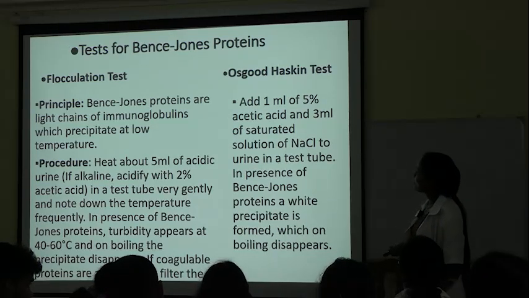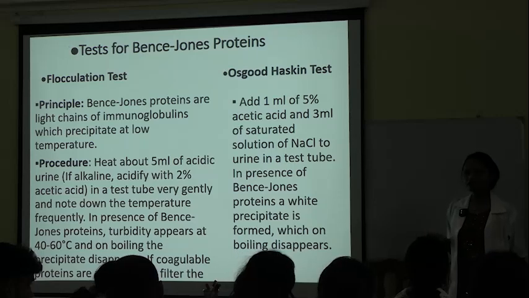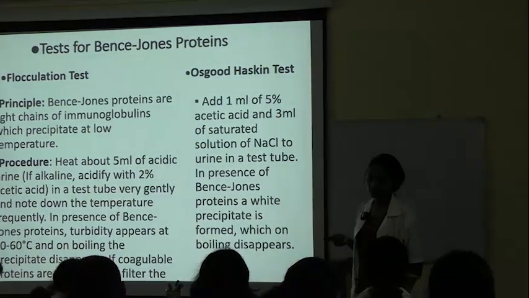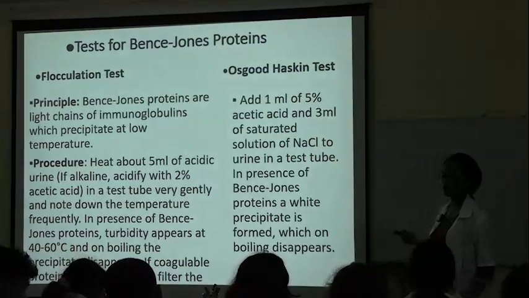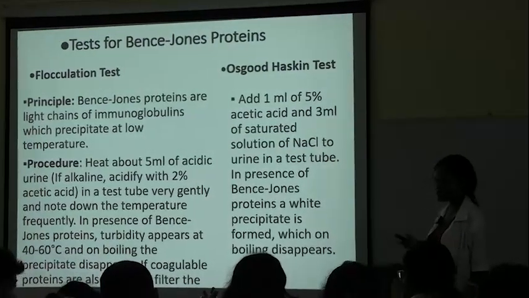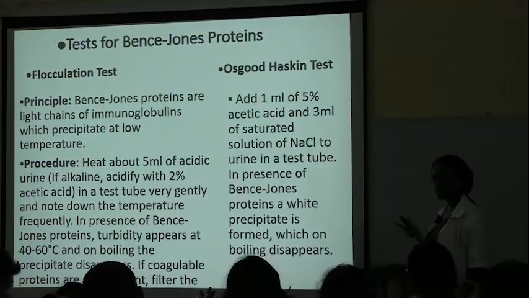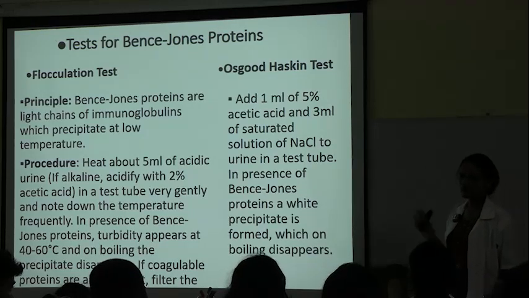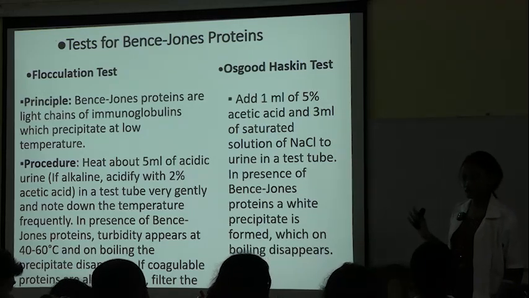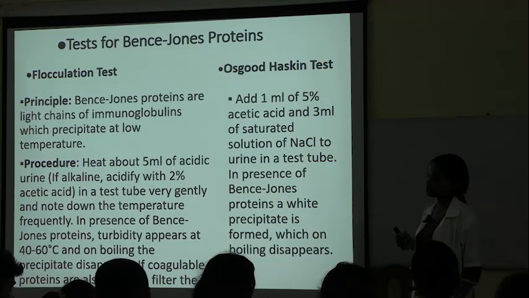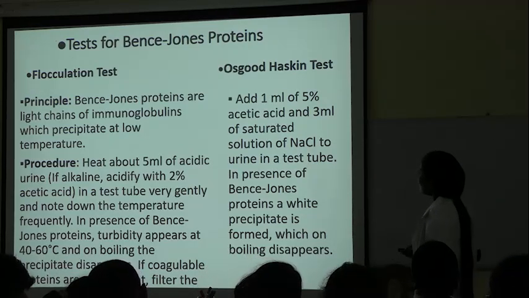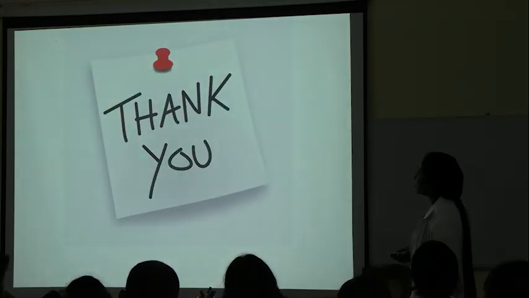So the urine is acidic in case we take too much protein diet or do heavy exercise, and the urine can be alkaline if you take a profound amount of vegetables in your diet.